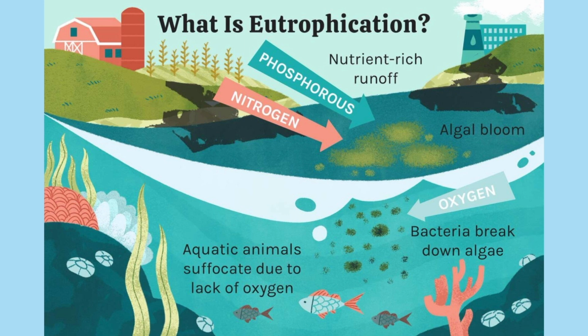So if we're looking at this diagram, I'll show it to you again in a later unit, but we have farms over here, and when you add fertilizers that contain phosphorus and nitrogen to your farmland to support your crops, some of them are leached from that soil and fertilizer and carried in water after it rains, or if you water your field really heavily, it can run off into nearby aquatic ecosystems.